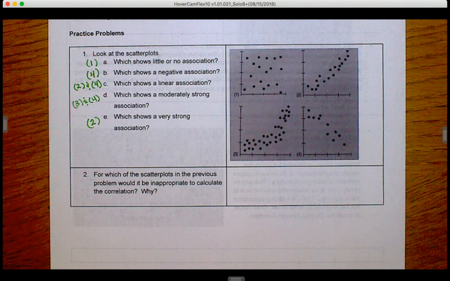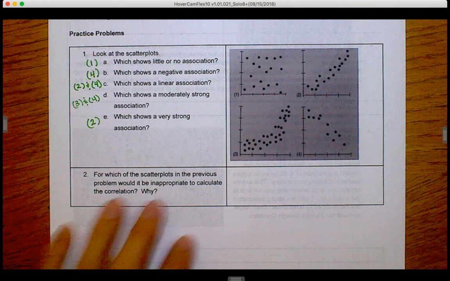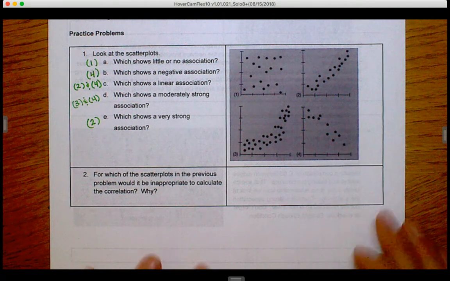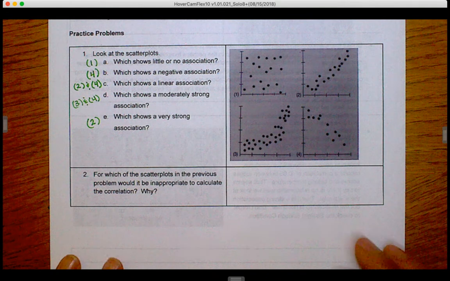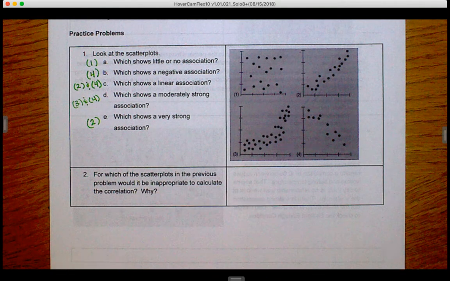Number 2 says, for which of the scatter plots in the previous problem would it be inappropriate to calculate the correlation? When we're looking at calculating the correlation, we probably want to make sure that it's looking like it's going to be linear, and that there is some association there.